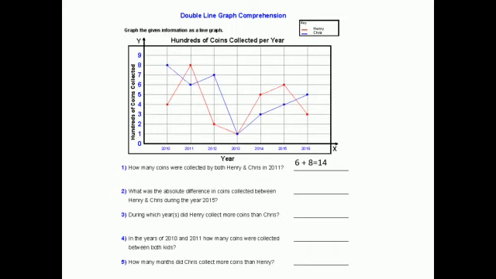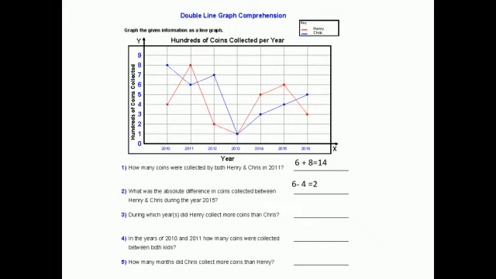Next question, what is the absolute difference in coin collection between Harry and Chris during 2015? In 2015 Harry has 6 and Chris has 4. What is the difference? 2, that means 200. In which year did Harry collect more coins than Chris?